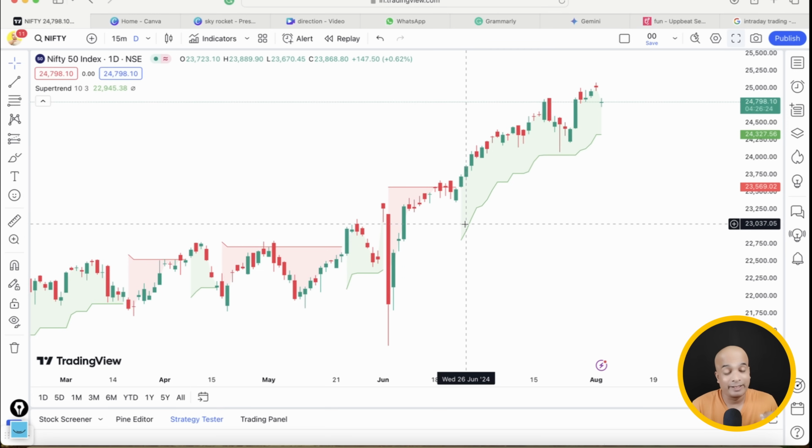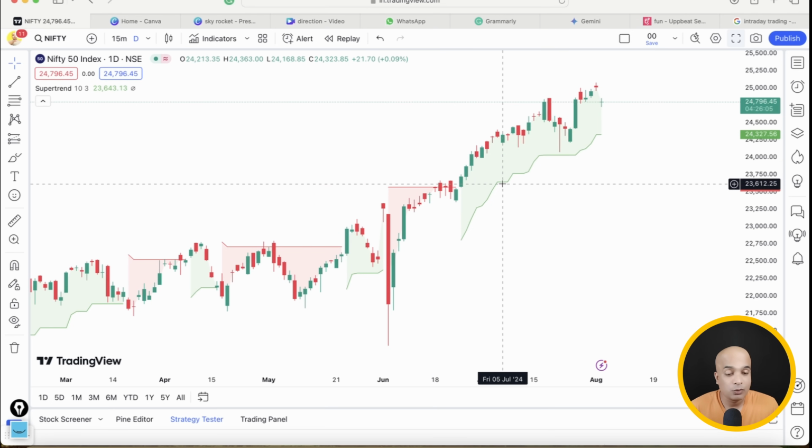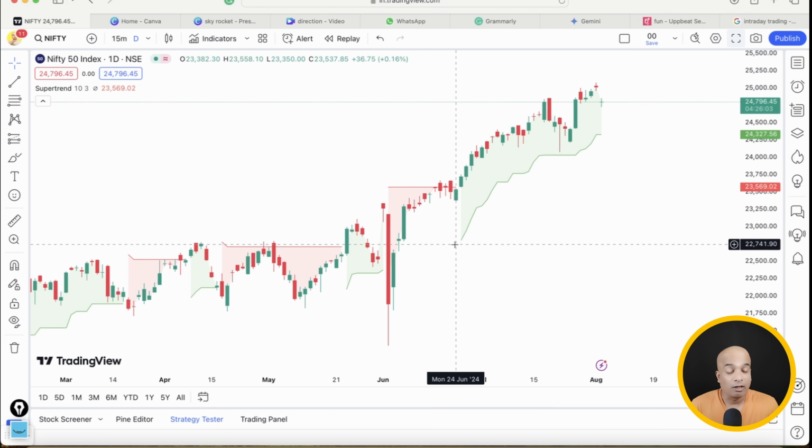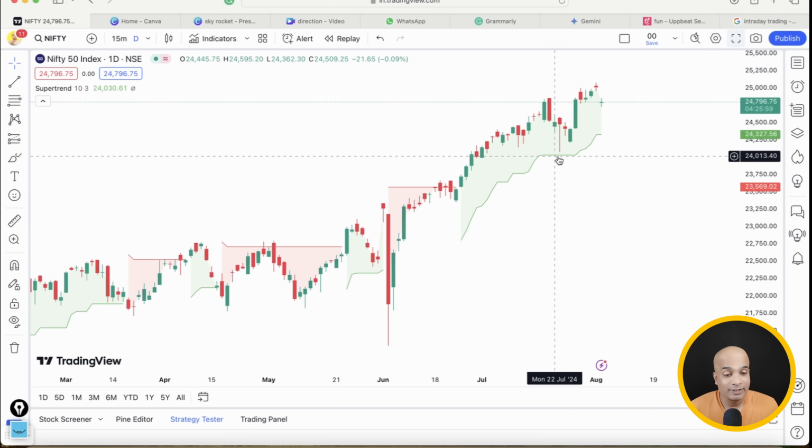the traditional definition of the Supertrend indicator. It's not direct advice. If it turns to green, you will take a long trade. So that means this becomes an entry point, which means you are using the Supertrend indicator as an entry point. That is one. Number two, let's say you trail the stop loss along with the line of the Supertrend indicator. So you can also use the same Supertrend indicator as a trailing stop loss.